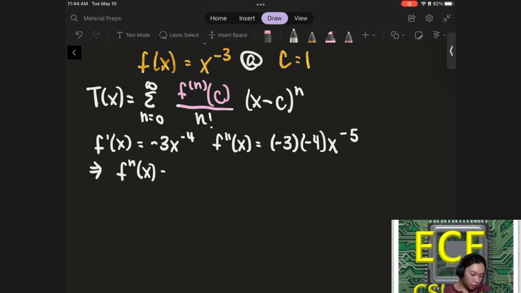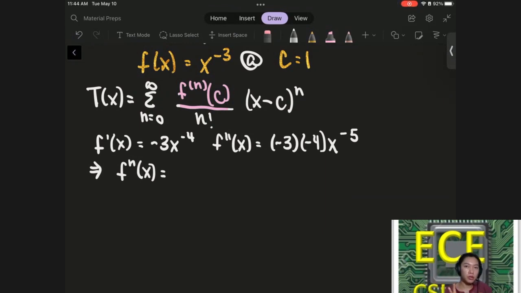As you can see, the negative 3 and the negative 4 stay. So you start with negative 3 as your coefficient in your first derivative, and then you add the negative 4, and then negative 5 as it goes on, negative 6. And so you know that as n increases, you're going to have that continuation.